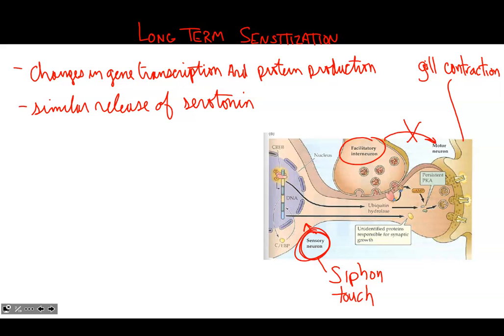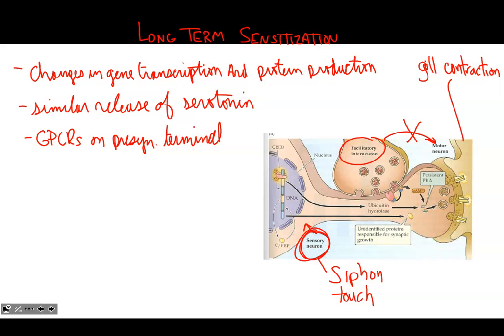Right? And this serotonin released by the facilitatory interneuron has serotonin receptors, G-protein coupled receptors, on the presynaptic terminal. So maybe we'll say that the GPCRs on the presynaptic terminal of this siphon touch sensory neuron, okay?